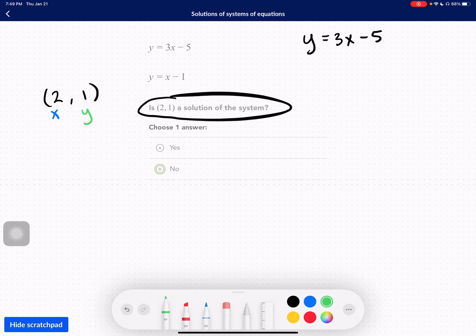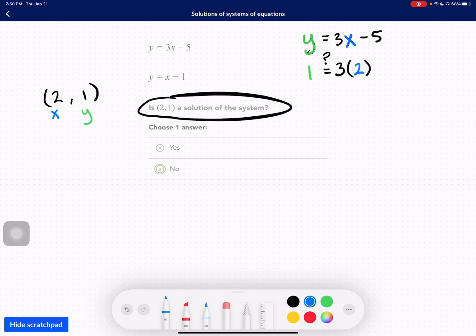So what I need to do is plug in 2 for x and 1 for y here to see if it makes my equation true, to see if each side actually equals. So my y was 1. And we're trying to figure out, is it equal to 3 times x, which in this case, x is 2.